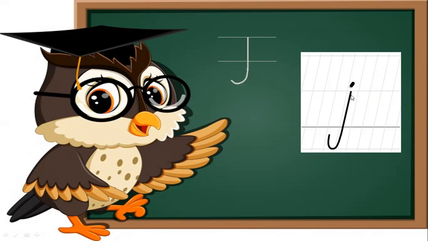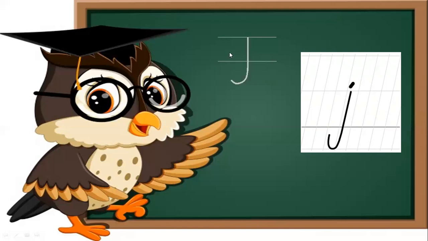You will draw like this. You will start from the center line, a standing line, and go down touching the bottom, and when you reach the bottom, slightly curve it, okay? And then put a point. Understood? Got it? It's too easy.